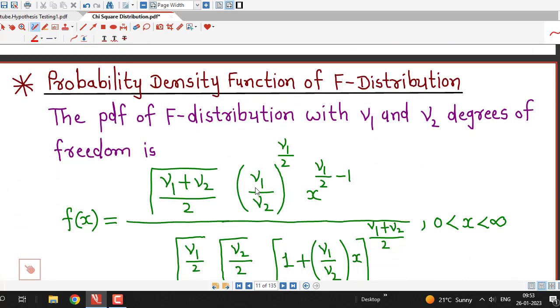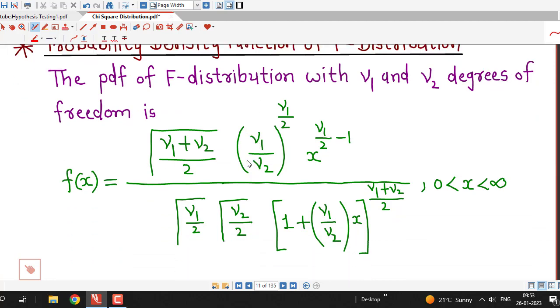Here I have written the probability density function of the F random variable just for your knowledge. You can see here I am using nu1 and nu2 degrees of freedom, and I have taken the gamma function of nu1 plus nu2 divided by 2, with gamma functions of nu1 by 2 and nu2 by 2, nu1 by nu2 raised to nu1 by 2, x raised to nu1 by 2 minus 1, and the term 1 plus nu1 by nu2 times x to the power nu1 plus nu2 divided by 2.